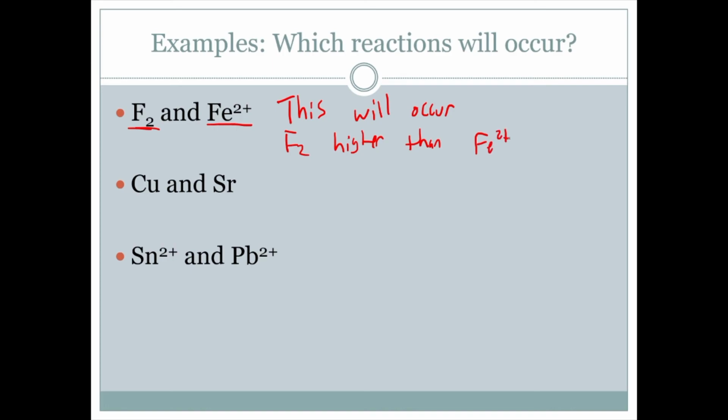For some of the metal ions like this, some of them will appear as both an oxidizing agent and as a reducing agent, so you have to look carefully. In this case, F2 is higher than Fe2 plus, and I'll make a note here that this is Fe2 plus as a reducing agent.